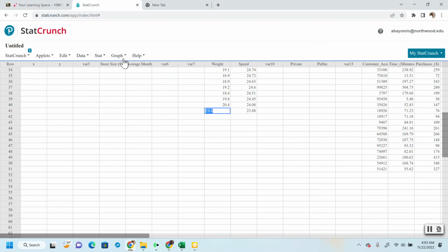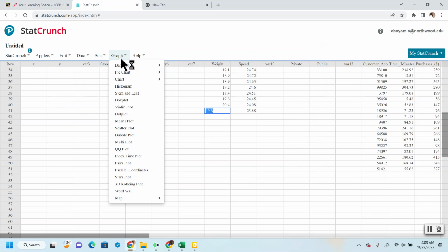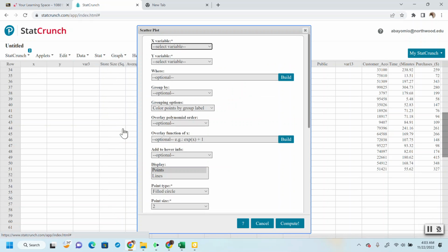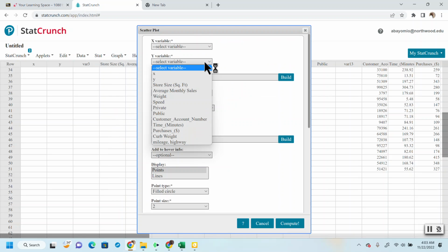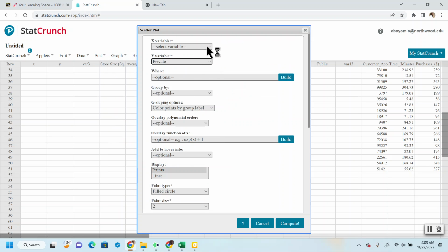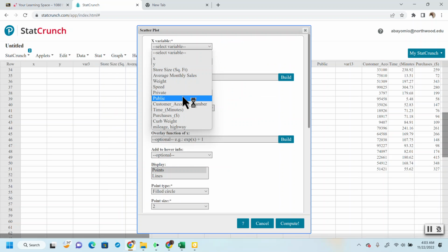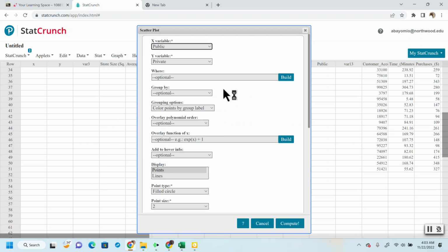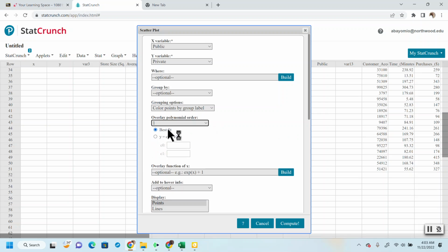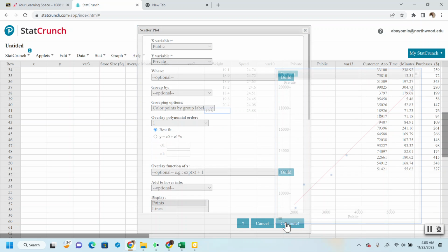I'm going to close out of this, go to graph, go to scatter plot, and we want to make sure that our y variable is private. That depends on the public institutions' set values for tuition. So in this case, my polynomial order, 1 as usual, leave it as the default best fit and click on compute.